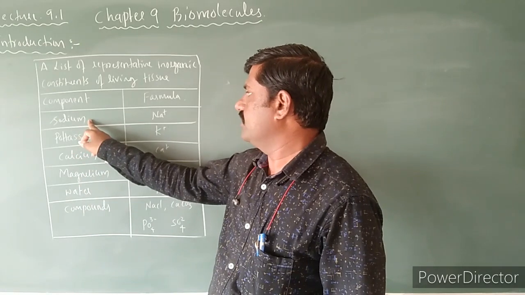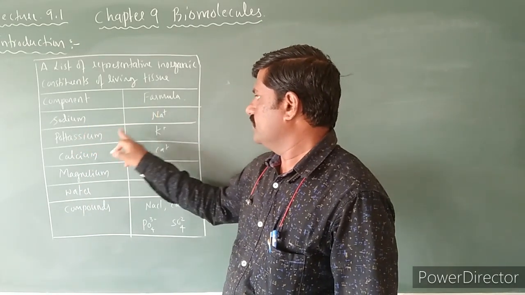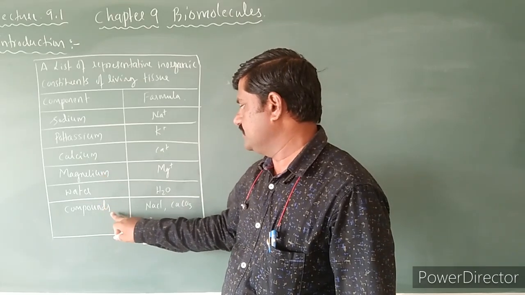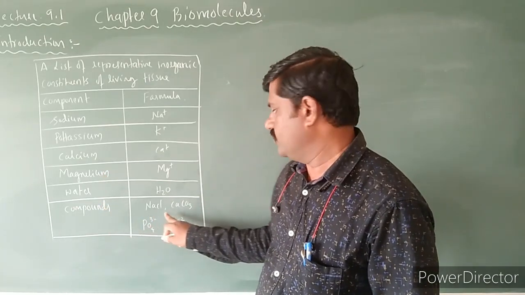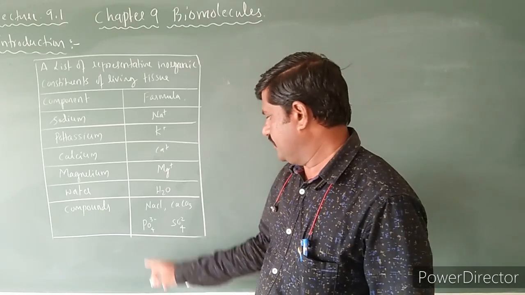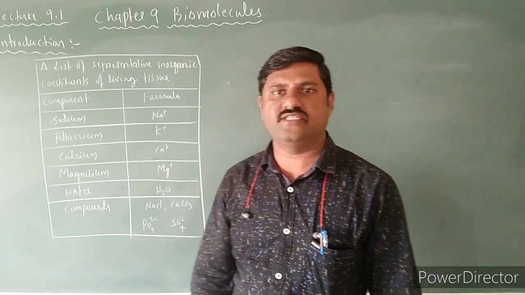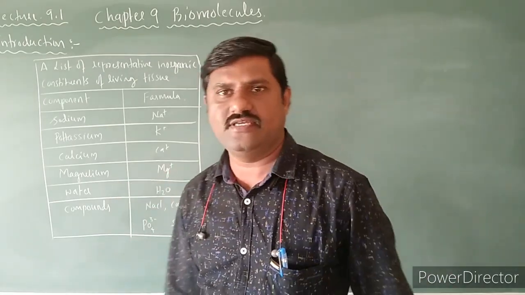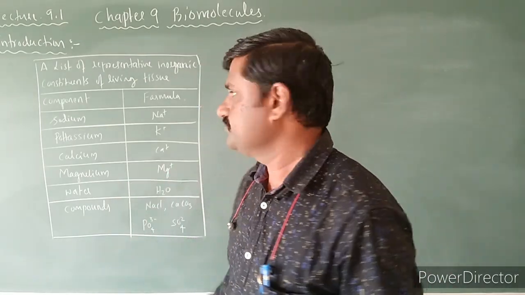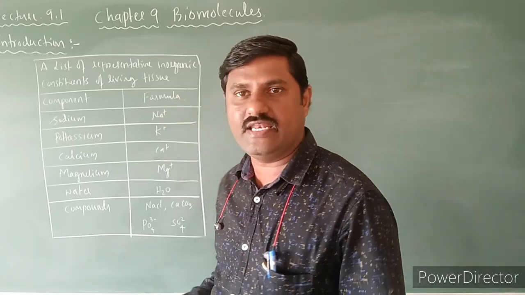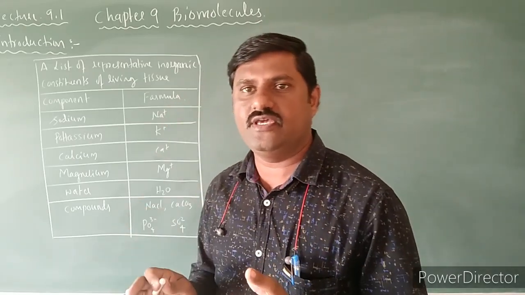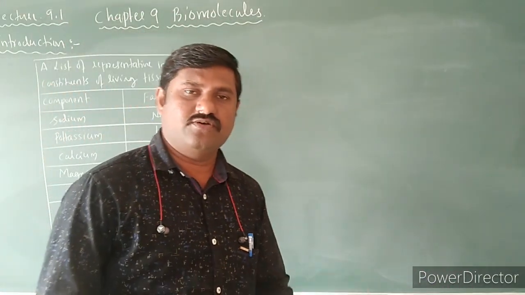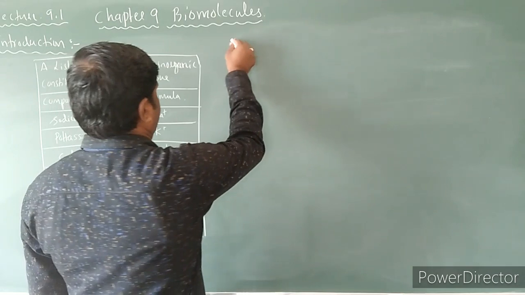The components are sodium, potassium, calcium, magnesium, water, as well as other compounds like sodium chloride, calcium carbonate, phosphates and sulfates. All these are the inorganic components seen in living systems. This is the list given in NCERT. We must be thorough with all these lists. Very important one. So we will go to the cellular pool now.